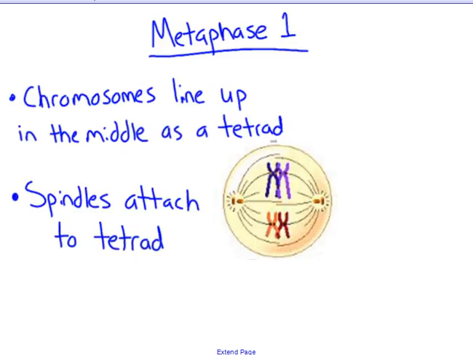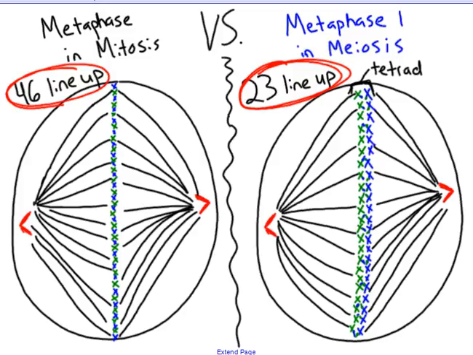This is kind of a tricky concept, so I actually took the time to draw out this big, long picture. What this picture is showing, on the left, you have 46 chromosomes in the middle of the cell, and they're going to get pulled apart. And that is mitosis, and there's 46 chromosomes lined up in the middle. On the right side is meiosis, and you have 23 chromosomes lining up with their pair.